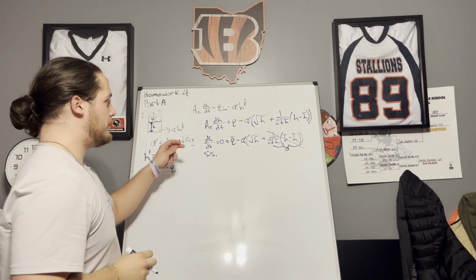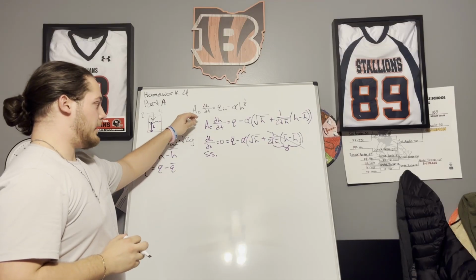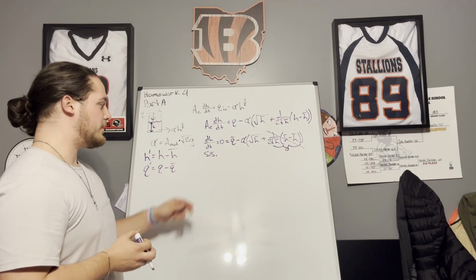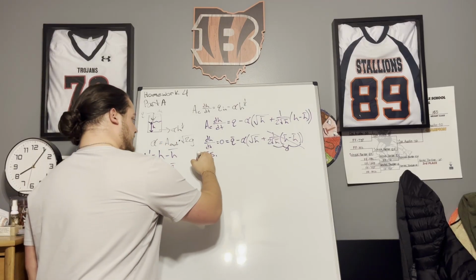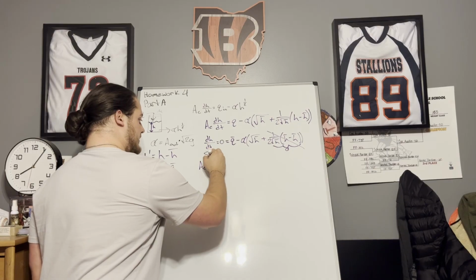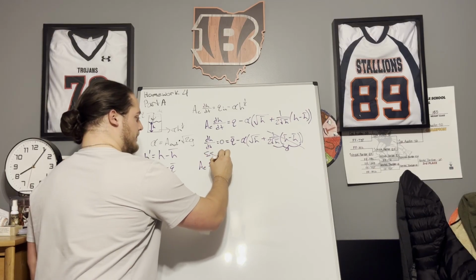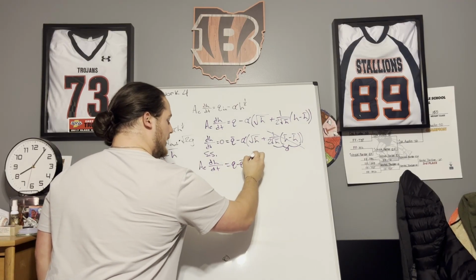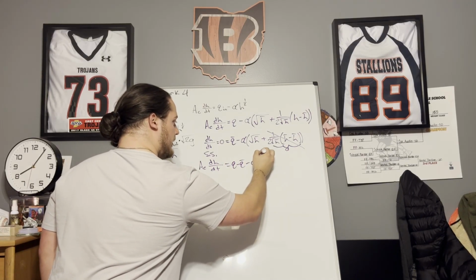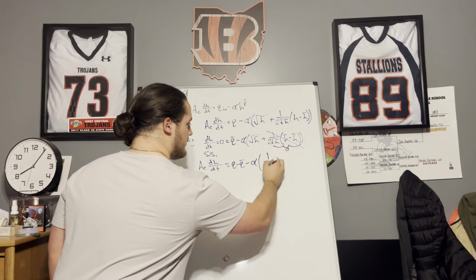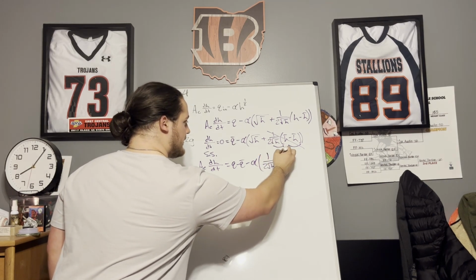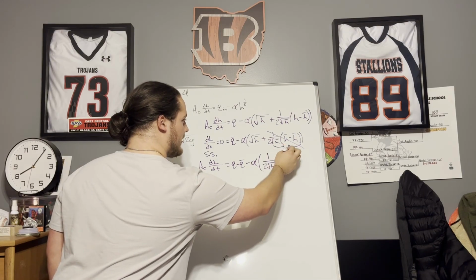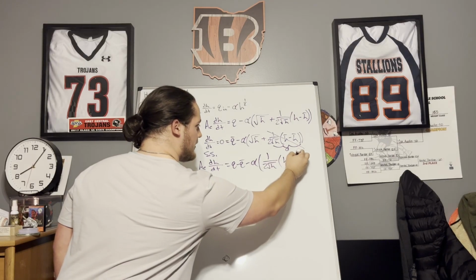So next, what we need to do is subtract our steady state equation from the first equation that we derived using the Taylor series expansion. So doing so will give us the cross-sectional area times the differential of height with respect to time is going to be equal to q minus q bar minus alpha times 1 over 2 square root of h bar, and then this will be multiplied by h minus h bar.